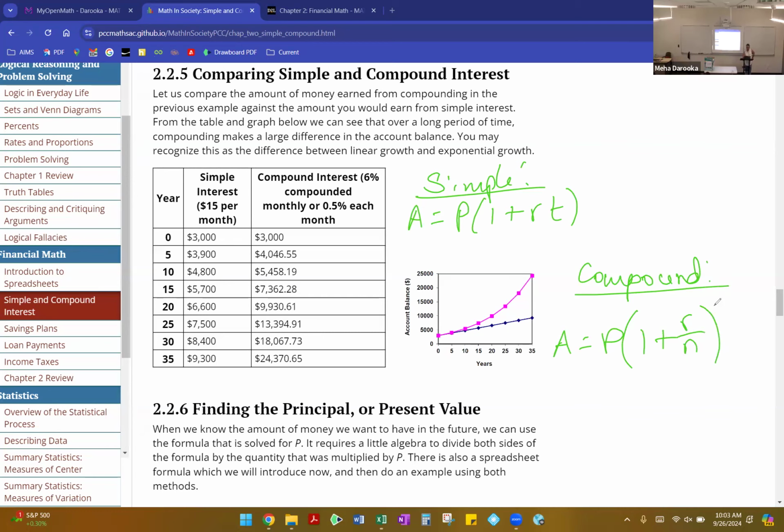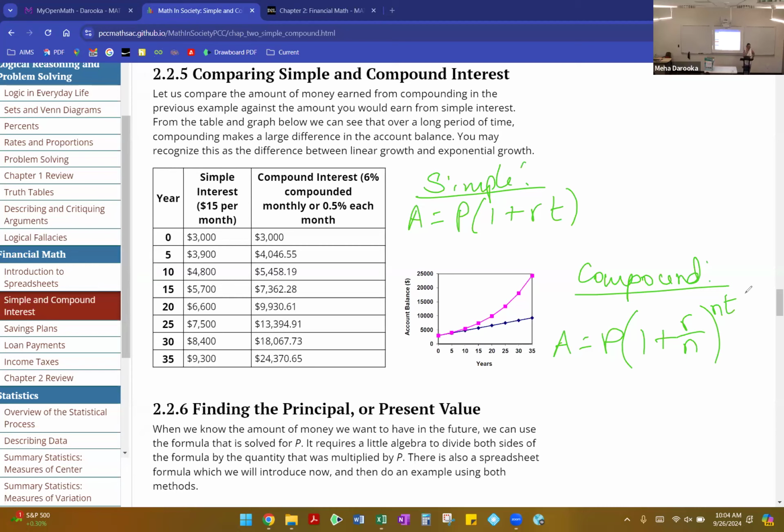So R divided by N, and then you raise it to the exponent of N times T. So you can see where that exponential growth is happening, right? Because our time is an exponent here because we're doing N times T. So that tells us how many compounding periods we are going to have. And that's actually where the difference starts happening, right? That growth of the exponential function starts happening on the compound interest formula.